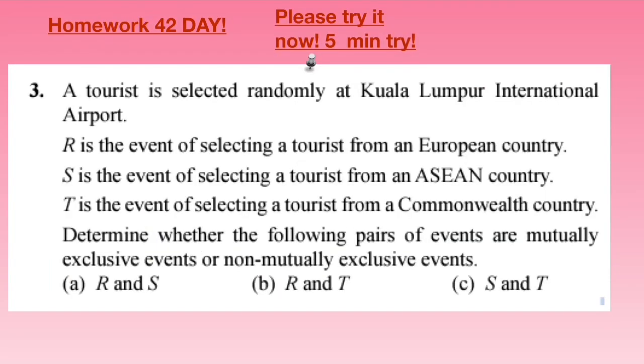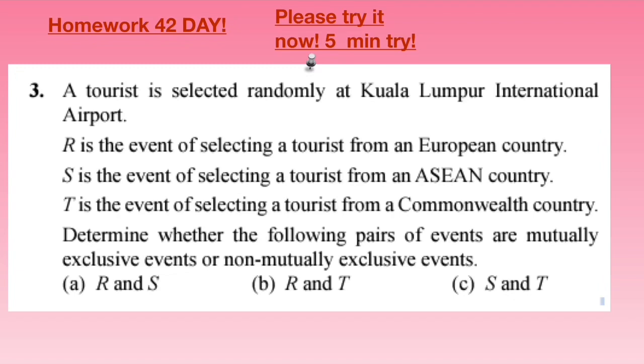Let's discuss question number 3. A tourist is selected randomly at Kuala Lumpur International Airport. R is the event of selecting a tourist from a European country. S is the event of selecting a tourist from an Asian country. T is the event of selecting a tourist from a Commonwealth country.